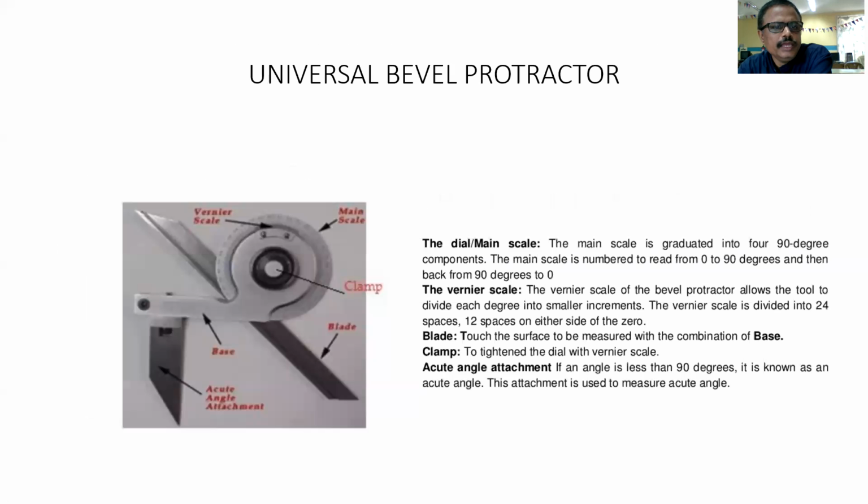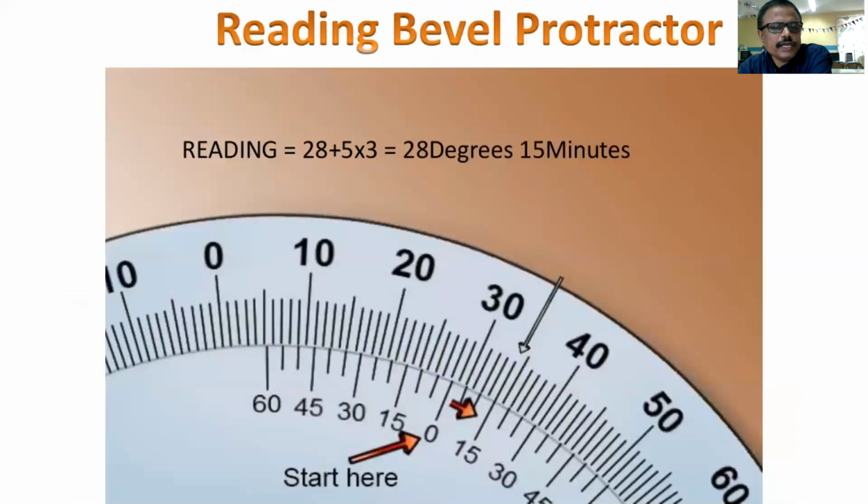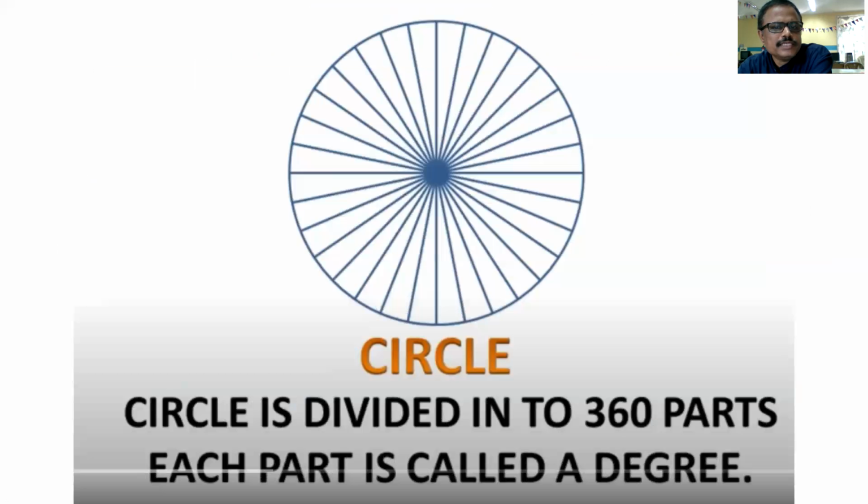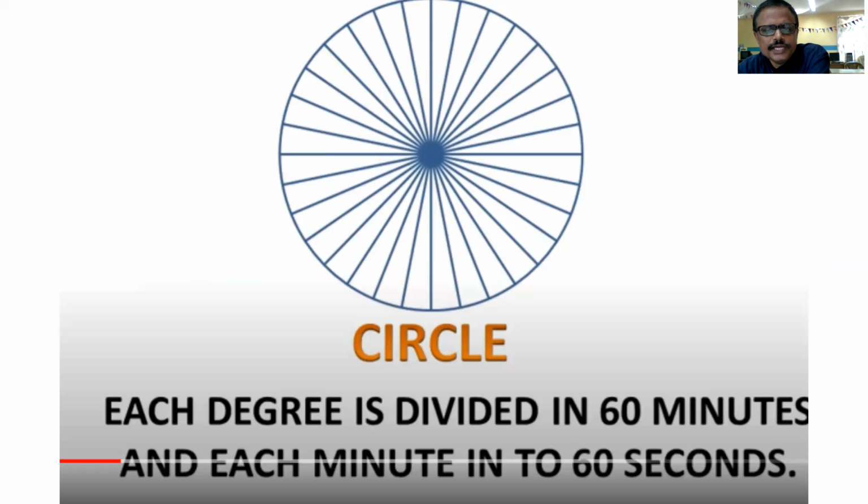In the bevel protractors, the basic principle is that a circle is divided into 360 parts. Each part is called a degree. Each degree is divided into 60 minutes, and each minute is divided into 60 seconds.